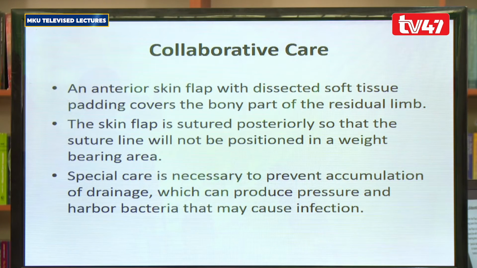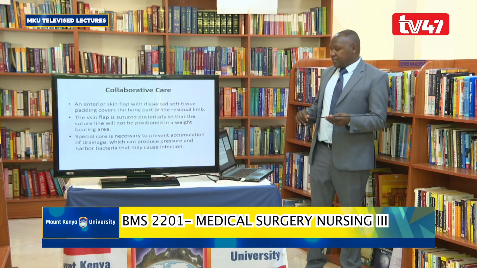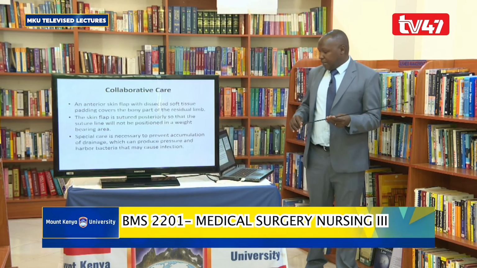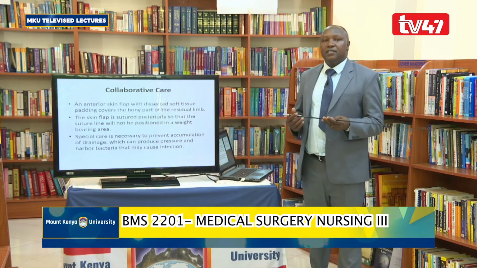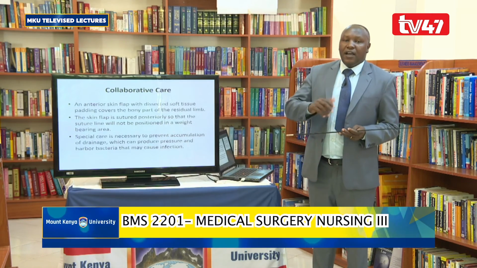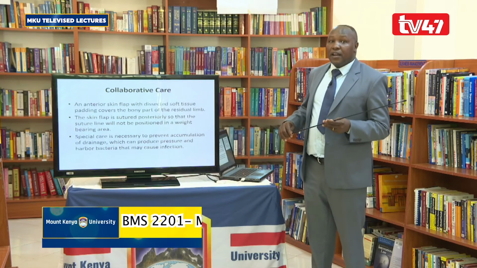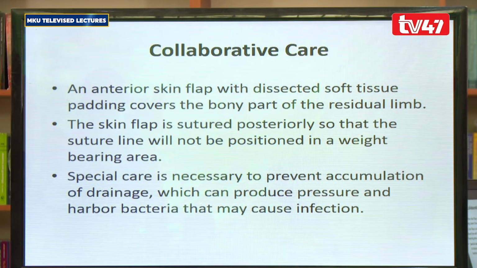An anterior skin flap with adequate soft tissue padding will cover the bony part of the residual limb. What do I mean by this? That when we do the amputation, we should cover the bone together with the nerves, preferably the sciatic nerve, which is one of the major nerves, so that after the amputation, the patient will not experience some other undesired experiences.